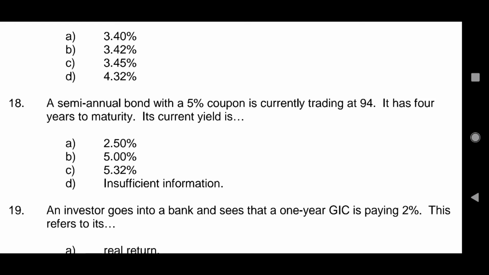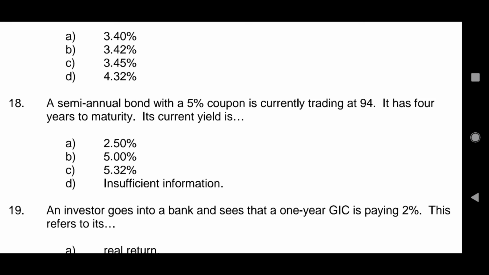So naturally, if you paid less for the bond to start, but you're still making the 5% coupon every year of the face value, then you are obviously going to get a value higher than 5%, right? Because now you're taking your annual amount of $5 and dividing it by a lower number than 100, which means that you are getting a higher return than 5%.